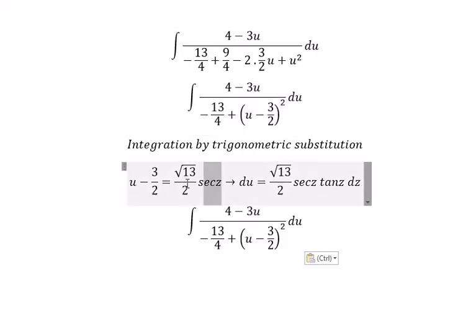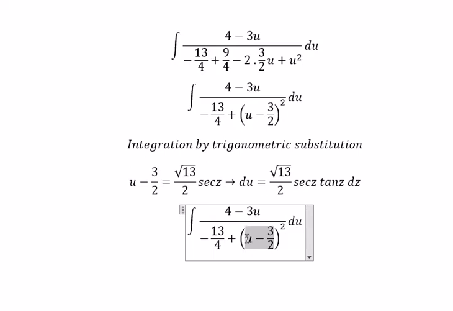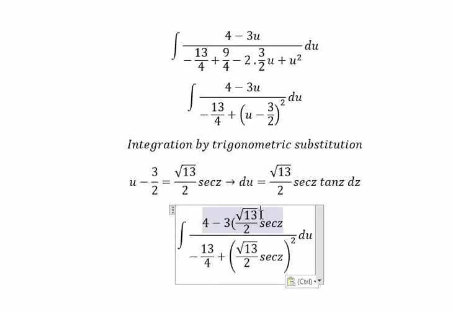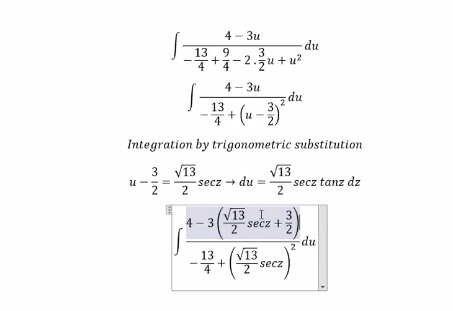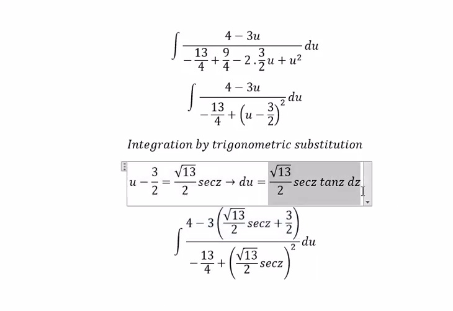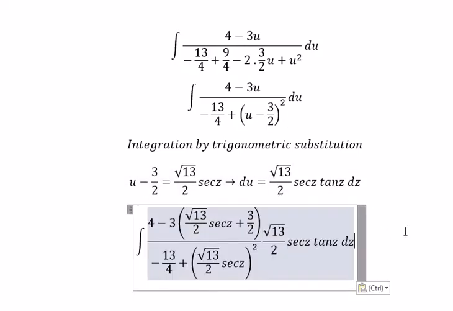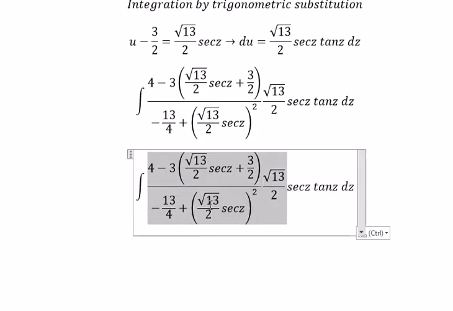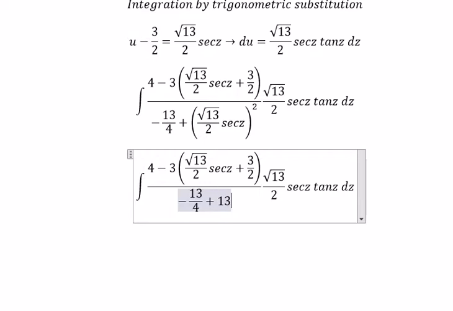So we put this one in here for u. So we put negative 3 over 2 on the right. So you get this one plus 3 over 2 du. We change for this one. So you get 13 over 4 secant of z squared. This one multiply with this one and this one.